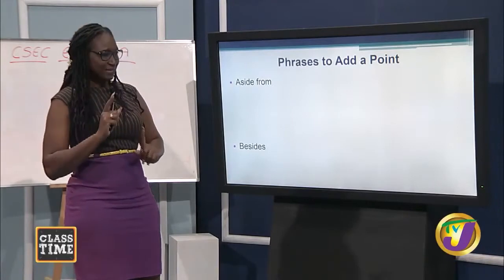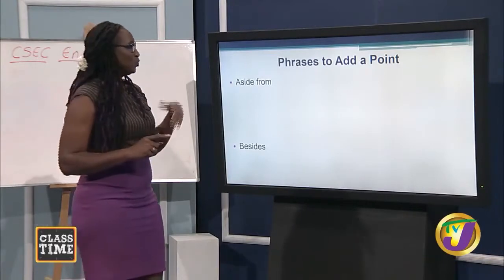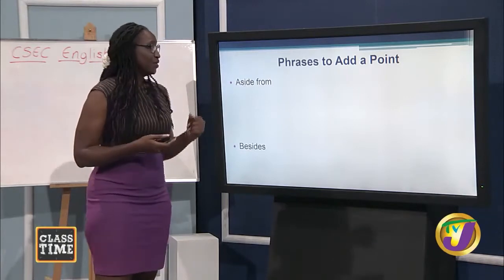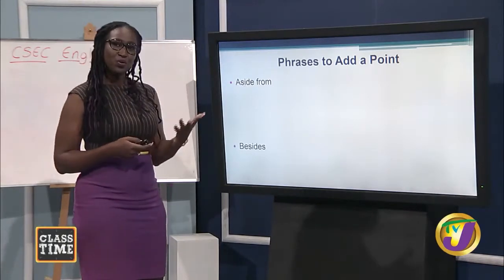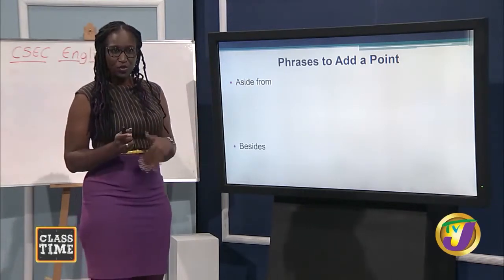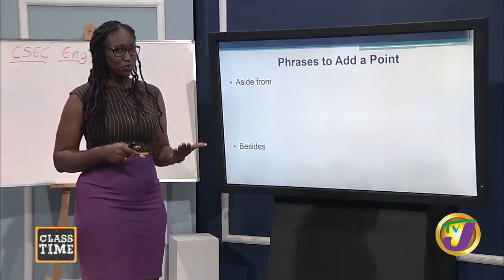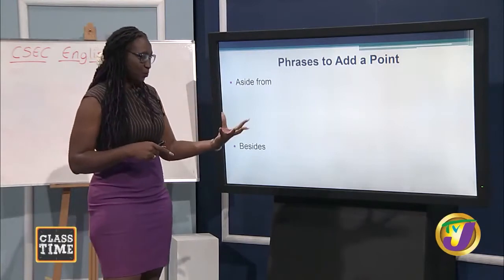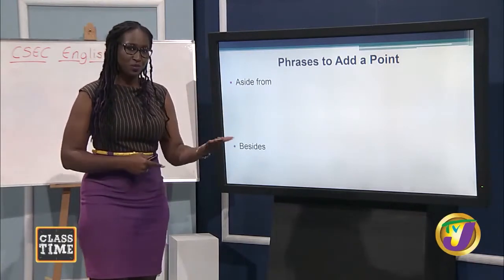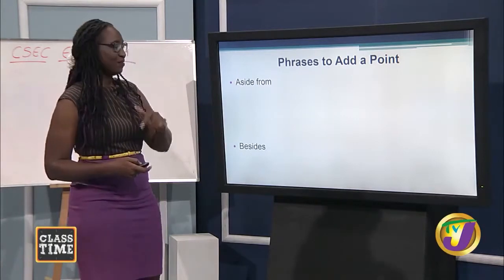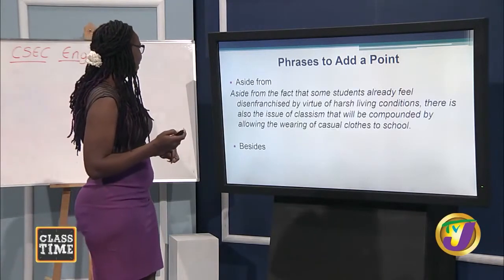So it has a slightly different meaning, and we want to be able to use it in this context to add a point. Now, can you think of how you would use aside from to support or oppose the wearing of school uniforms? So you'd have a point and you're going to add to it using the term aside from. So let's have a look at how you could possibly do that.